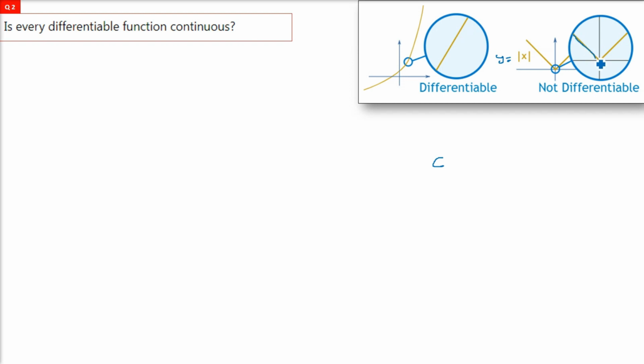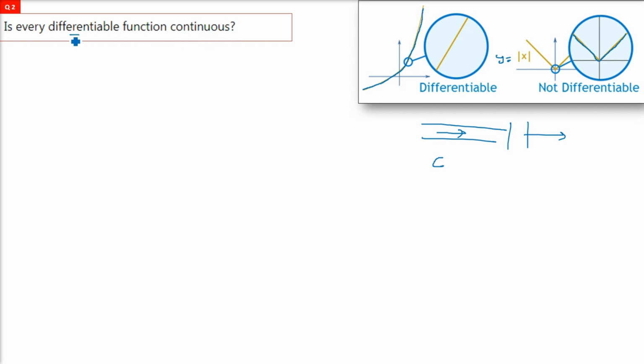For example, I am going through this graph, and I don't have to pick my pen up. That is, there is no break. You can understand it by this example: you are on a trip and there is no break. This is a continuous road. There is no breakage. There is no traffic jam. There is no bridge that has already fallen off.